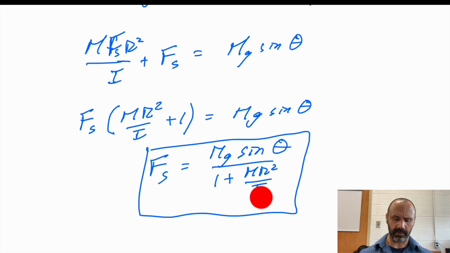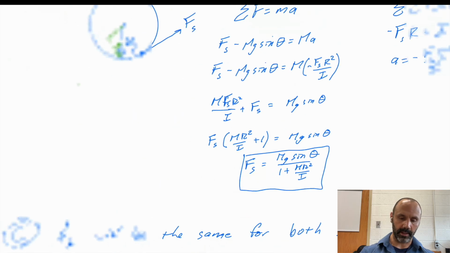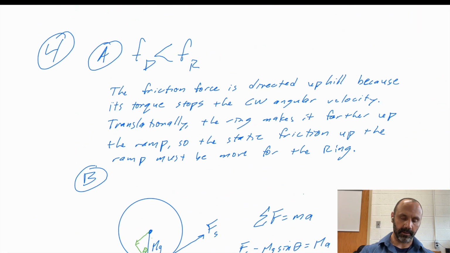So mr squared over 1/2 mr squared, this becomes 1/2 in the bottom, so this becomes 2. So 1 plus 2, that's bigger than what it would be otherwise. And so we have a bigger thing in the bottom, so the overall expression is less. So for a disk, we have a smaller static friction force than for a ring. And that's what we said, right? Disk is smaller than the ring.